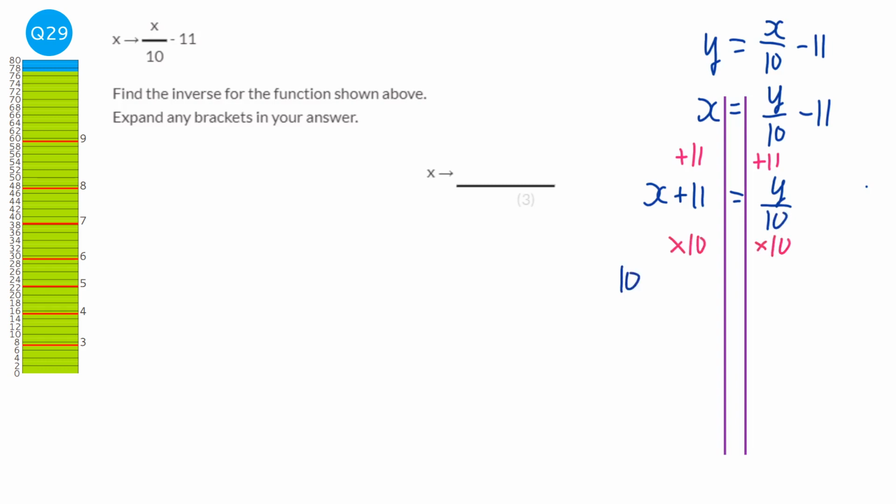So it would be 10 brackets x plus 11 equals y. Expand those would be 10x plus 110 equals y. Now this doesn't equal y. We are looking for the inverse function with this notation here. So we just replace the y with this notation and we get 10x plus 110.